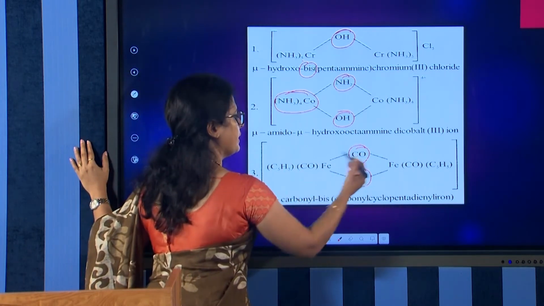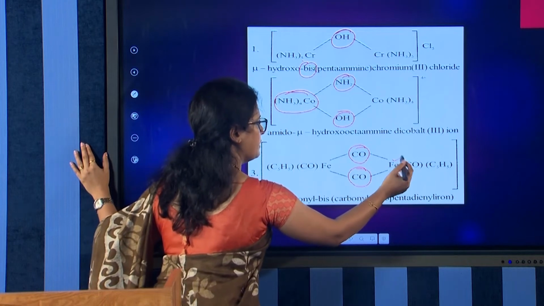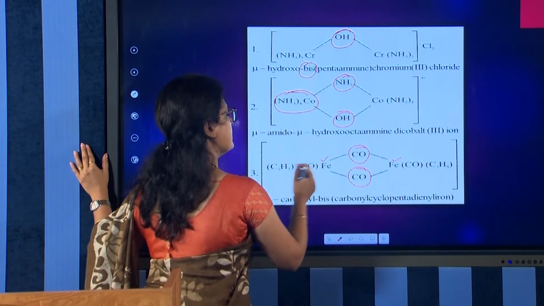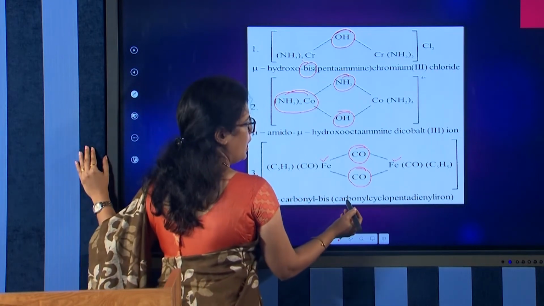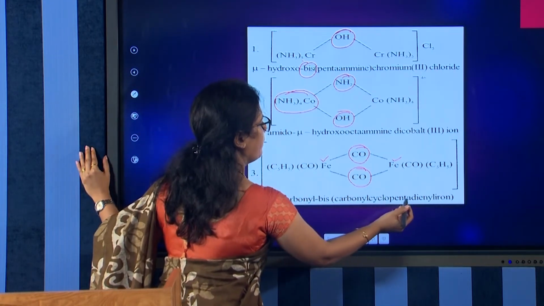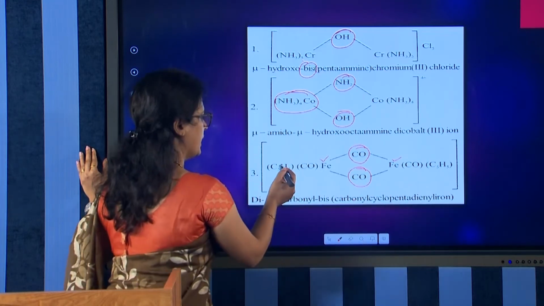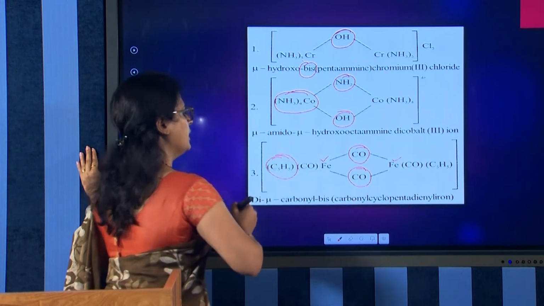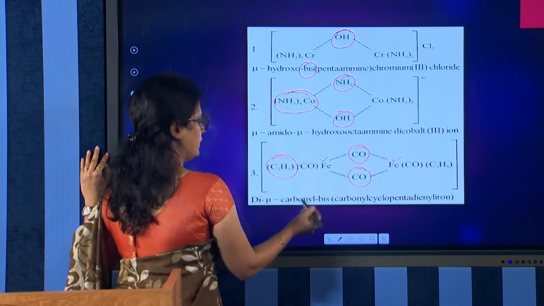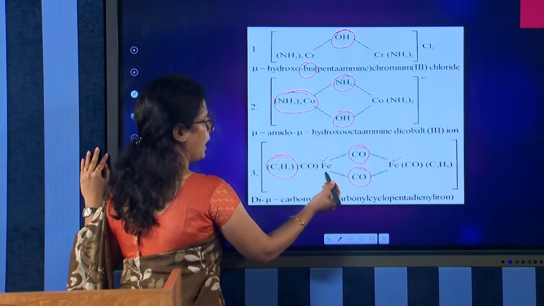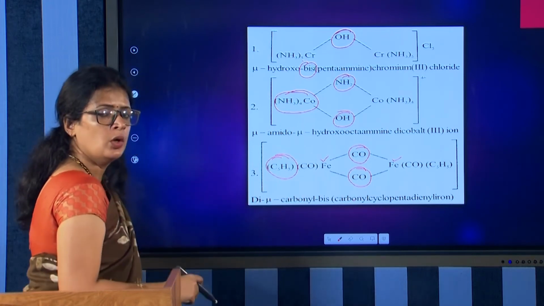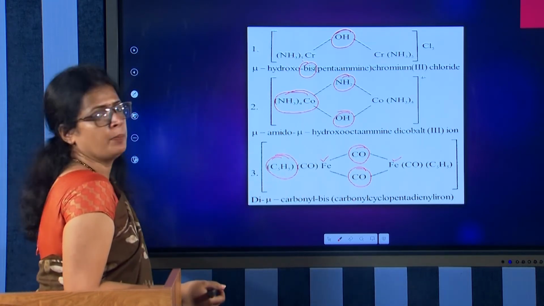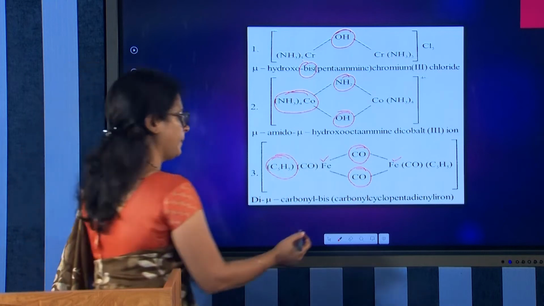Why? There is a symmetry here and there, the same central metal atom and the same type of ligand on both sides. So bis carbonyl cyclopentadienyl iron, this is a cyclopentadienyl group. So the name is bis carbonyl cyclopentadienyl iron. This is the way to name these bridged complexes. Hope it is clear.